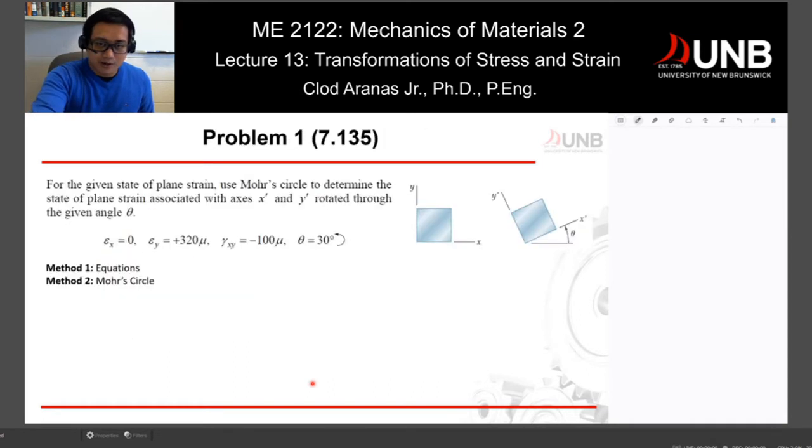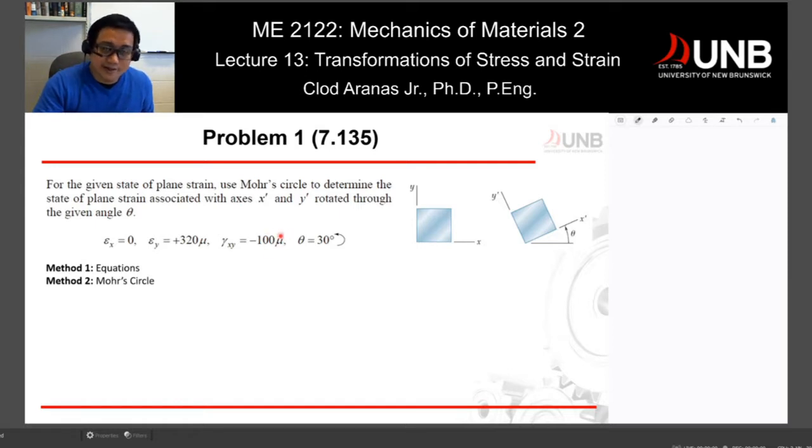And let's just jump to the problem that we started last time. So let's say you have this problem here. So we have epsilon along x, that's a strain along x, strain along y, 320 mu, and you have shear strain xy negative 100 times 10 to the negative 6.